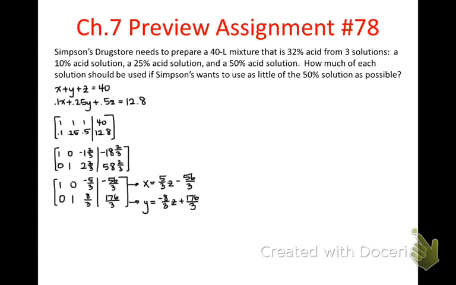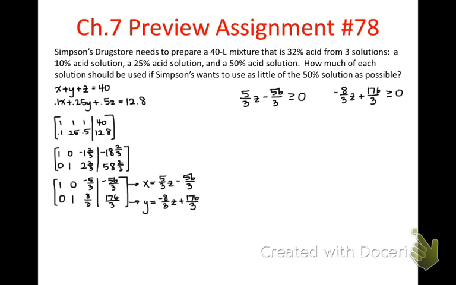I know that I've got this restriction that my 5/3 z minus 56/3, I know that that has to be greater than or equal to 0. I also know that negative 8/3 z plus 176/3, that also has to be greater than or equal to 0.